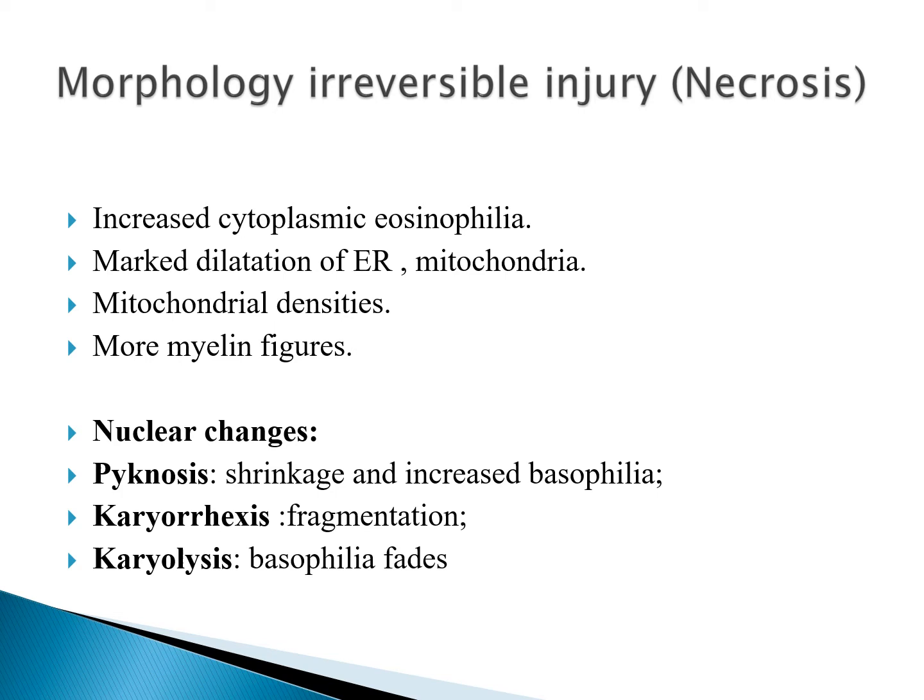Because we said that in a reversible cell injury, the cell is swollen, the cell is filled with water. Under the microscope, we can see hydropic change and whitish color of the cytoplasm. بينما بالirreversible cell injury بصير عندنا increased cytoplasmic eosinophilia.